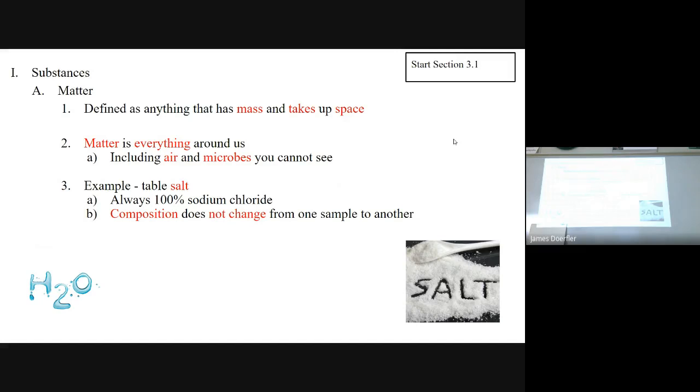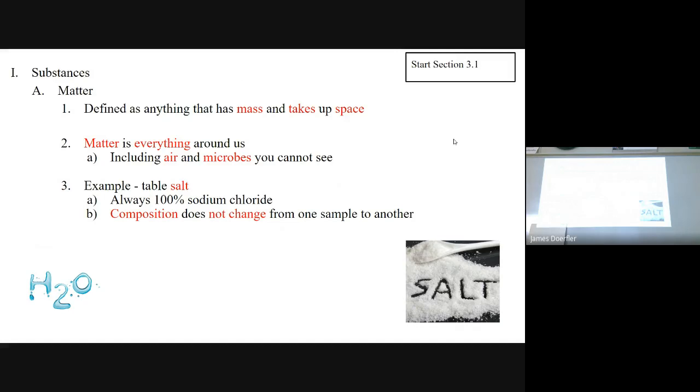All right. Matter itself is anything that has mass and takes up space. It is everything around us. It is the large buildings that we are in, all the way down to the small atoms that make up everything, even the gas, the air that we are currently in. Okay?